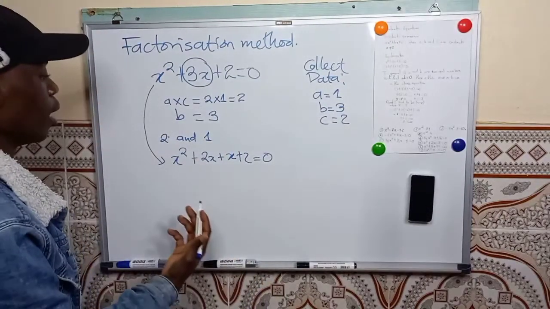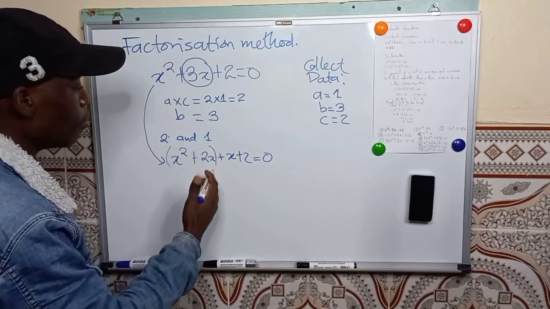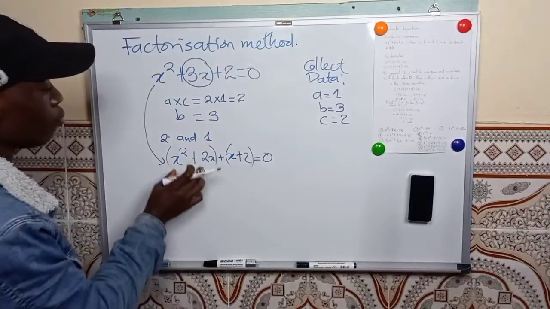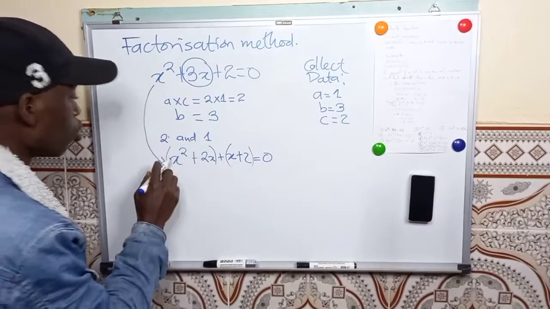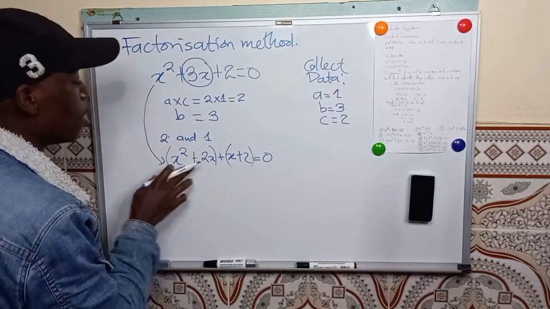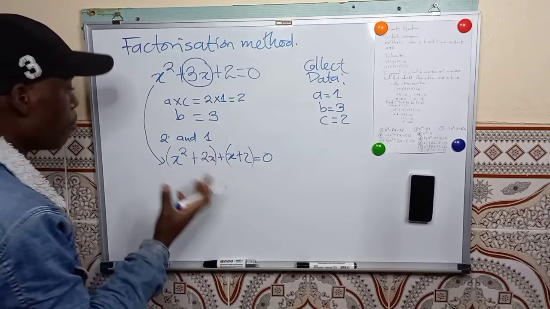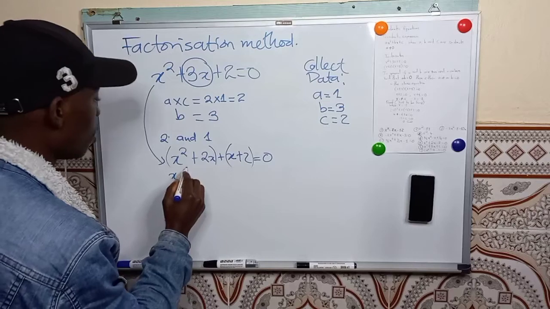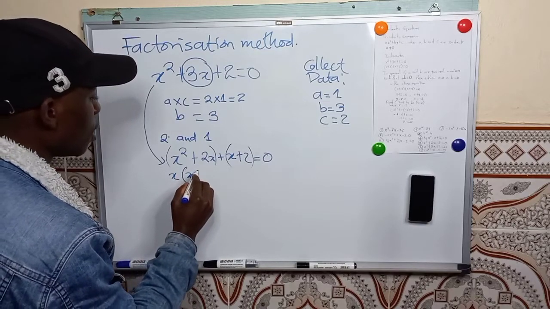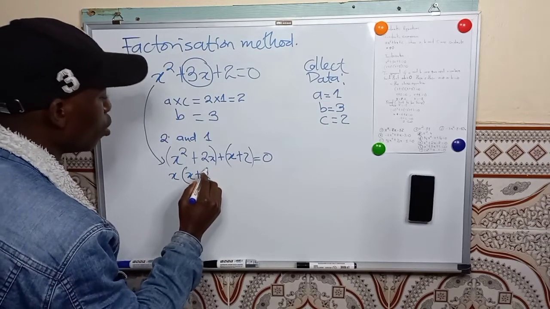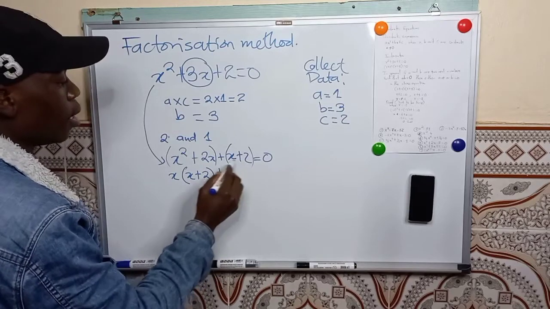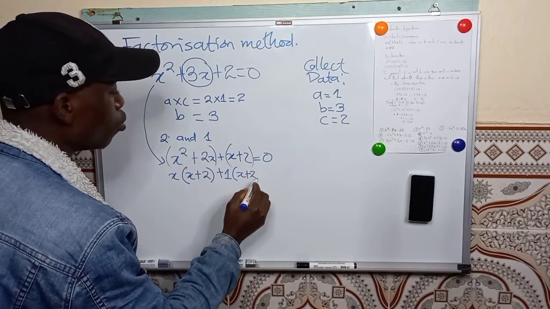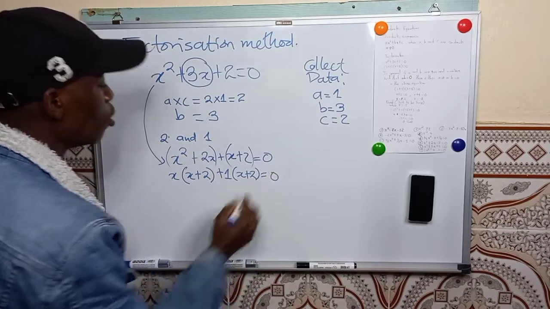So what can you do now? You can put this in brackets, and after you put that in brackets, you factorize these separately. What is a common variable here, or common number or letter? You have x here and x here. Hence you have x, open bracket, x plus 2, close, plus here we've got 1, so 1 outside, x plus 2, which is equal to 0.